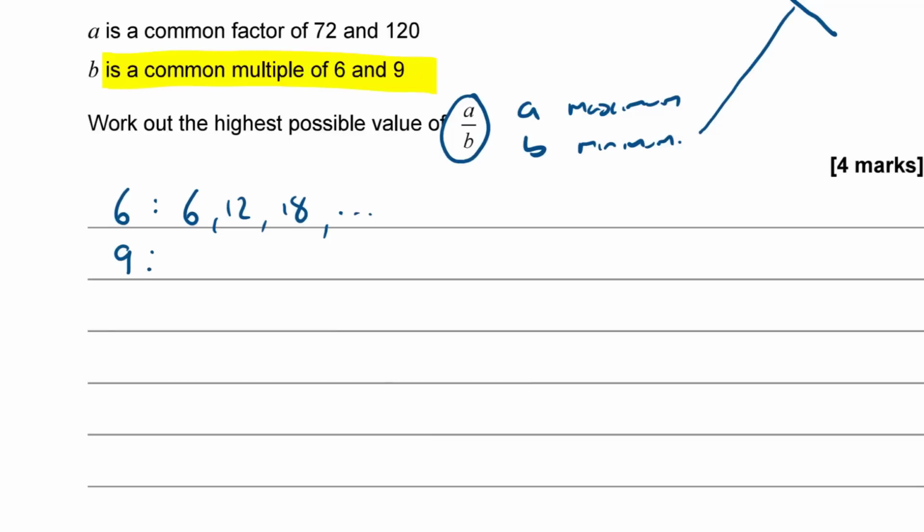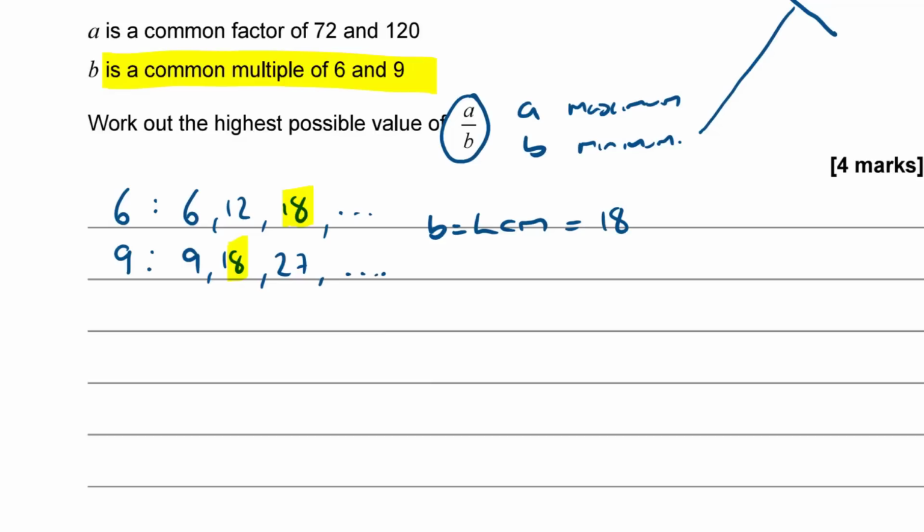And 9 is 9, 18, 27, and so on. So you can see we found our lowest common multiple already. 18 is there, 18 is there, so our LCM of those two numbers is 18. So that's going to be my value of B.